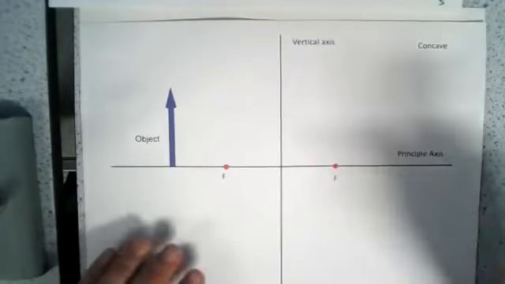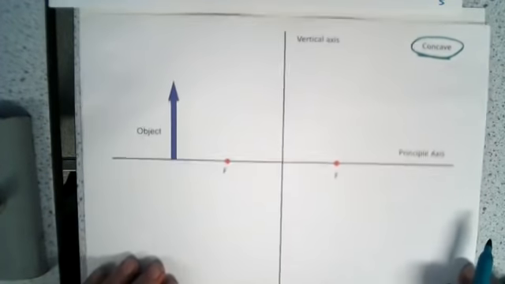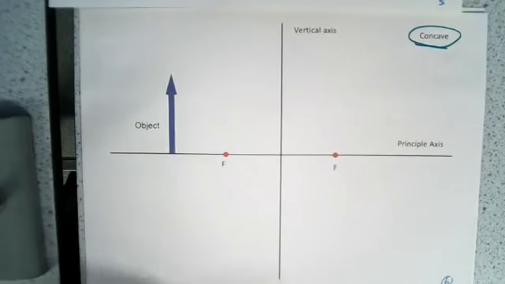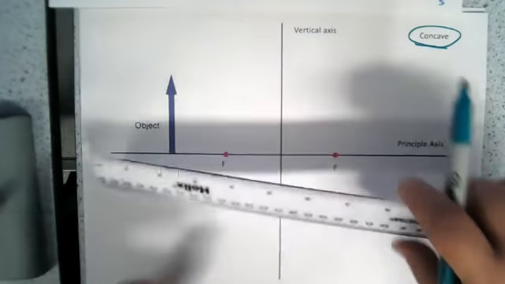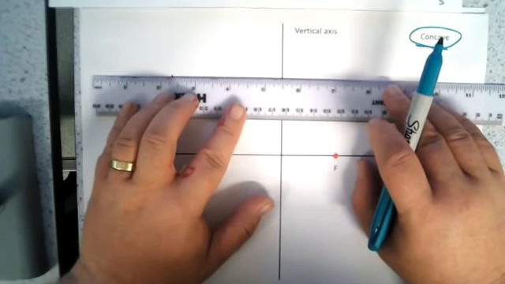And then we have our last one, which is, note that all of those were convex. It's a concave lens. So we have to think about how we actually draw this. So remember, with a concave lens, it's a completely different shape.